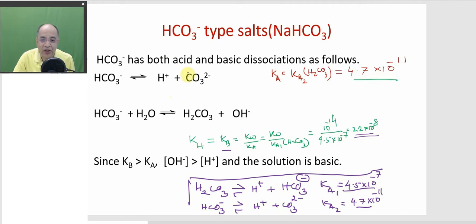But whatever H plus and OH minus will be formed, they will almost react with each other, because the formation constant of water is very high, of the order of 10 to the power plus 14. I am talking of formation constant, the opposite of dissociation constant, right? So all H plus ion, OH minus ion will disappear as water, and there will be some excess OH minus.